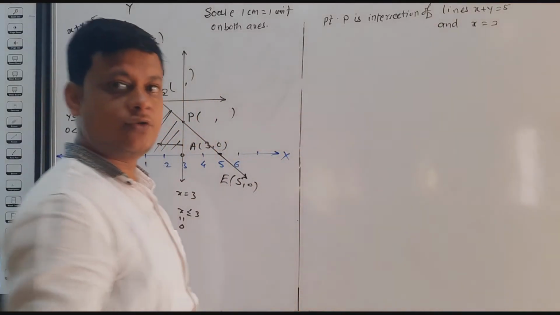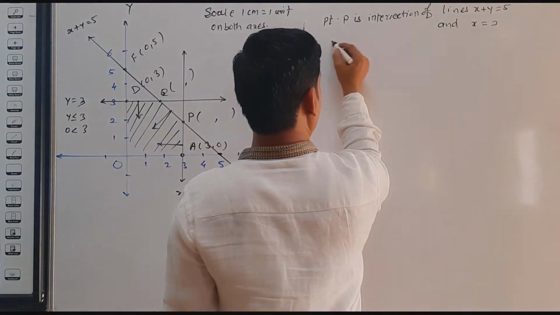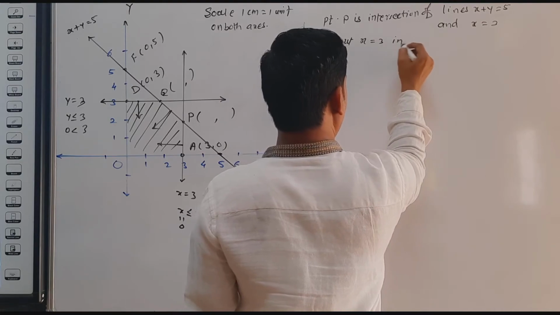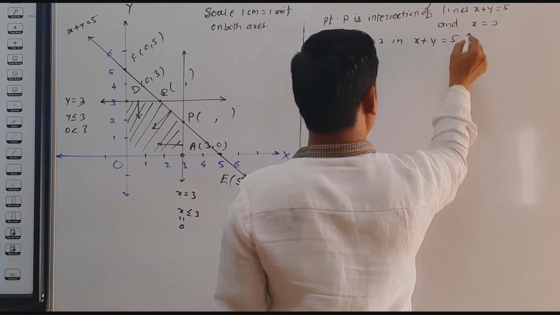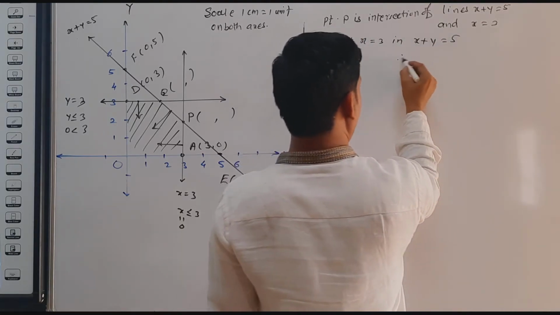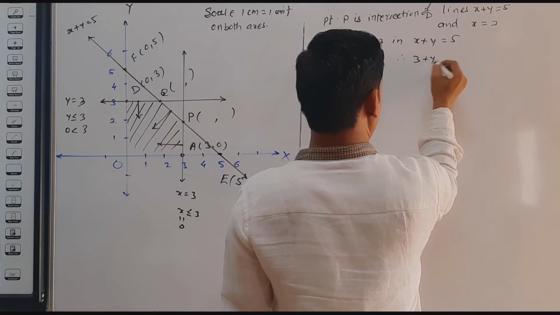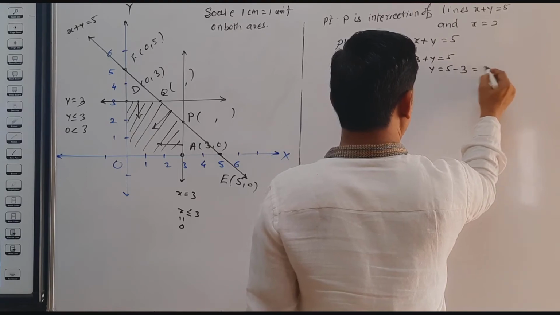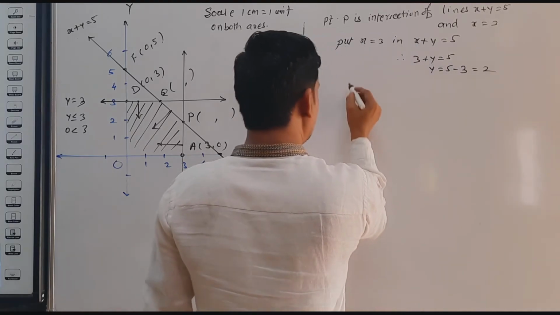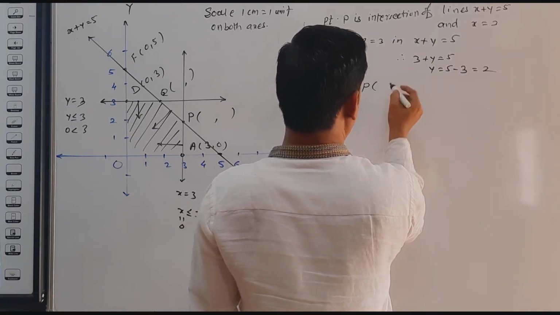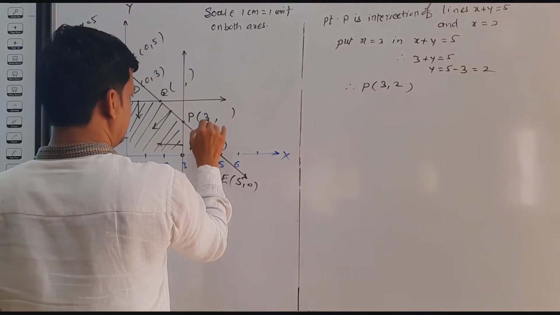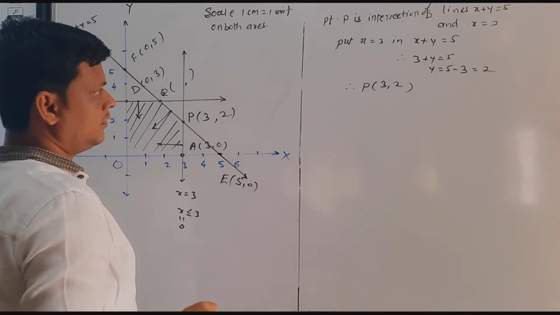So we substitute, or put, x equals 3 in x plus y equals 5. So we get 3 plus y equals 5. That means y equals 5 minus 3, which equals 2. Therefore, P has coordinate (3, 2). So we write here (3, 2).